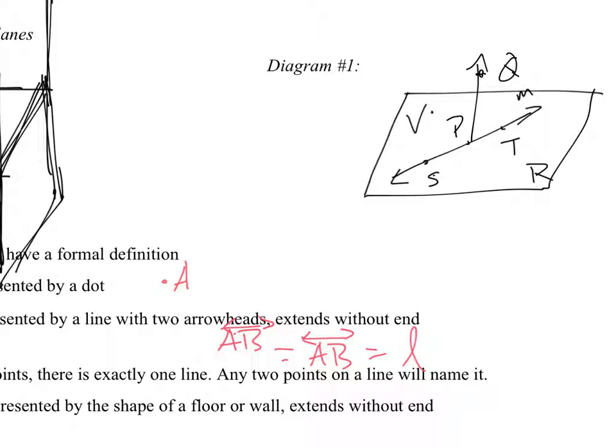Whenever we go behind something, we're going to use dashed lines. And then once we come out on the other side, we'll continue with that solid line going down. Okay? So dashed lines for things behind, and then we continue with the solid line once we exit the back side. So we have now another line with points P and Q.